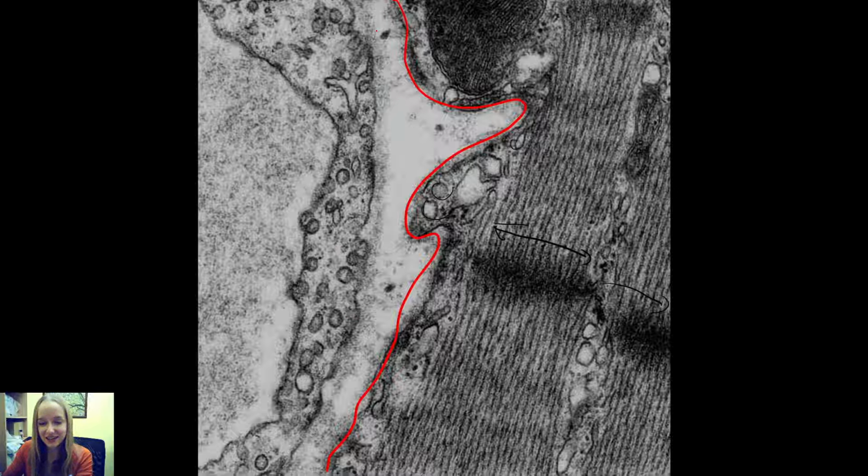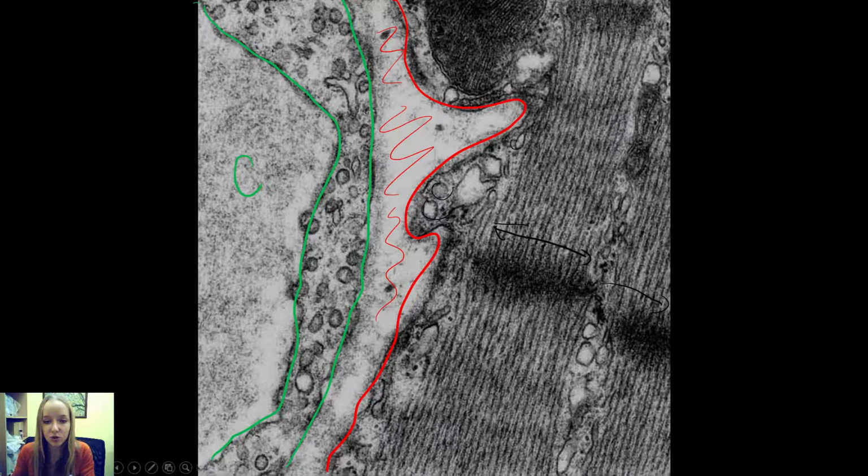But what we can see here is a little extracellular space, and this structure is the capillary, and this right here is the wall of the capillary, and this is the lateral process of an endothelial cell.